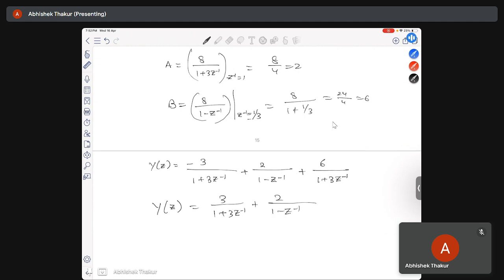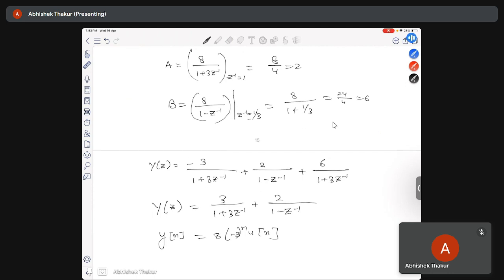So this we can write as y(n) = 3(-3)^n u(n), because this is 1/(1 + 3z^-1).